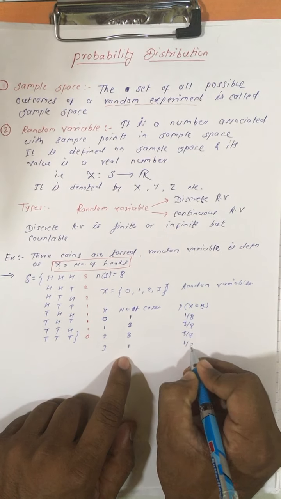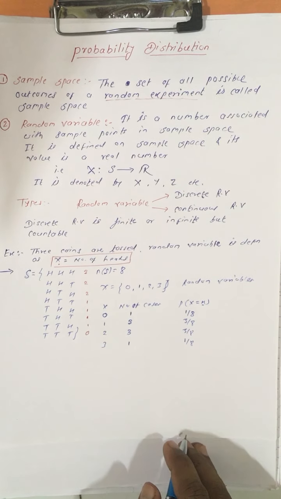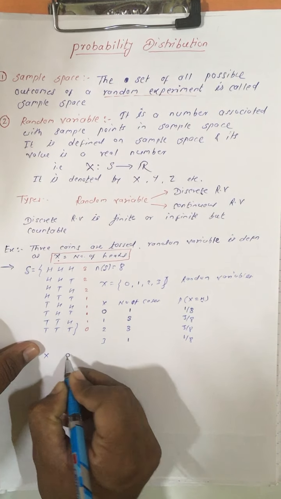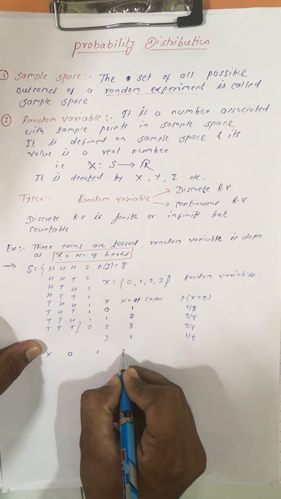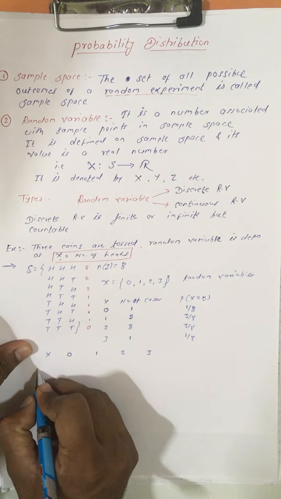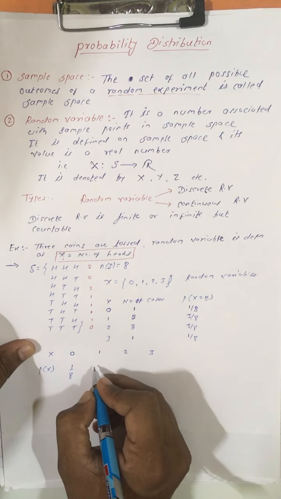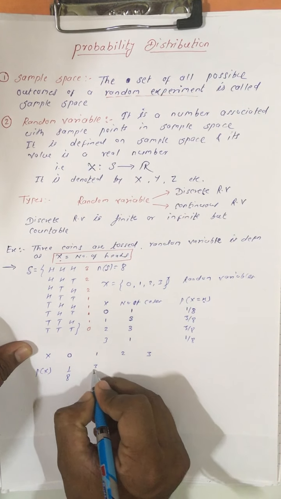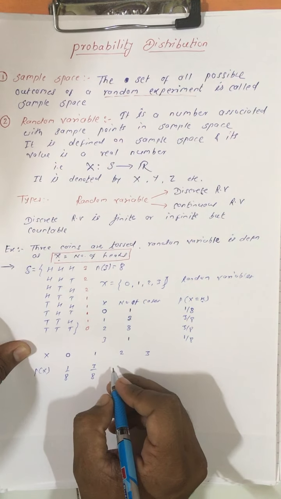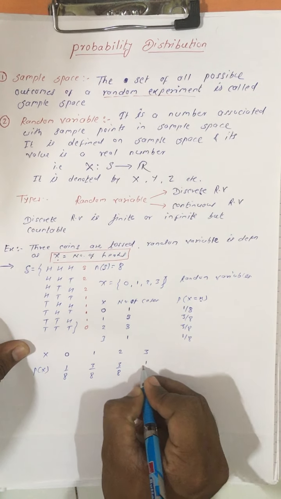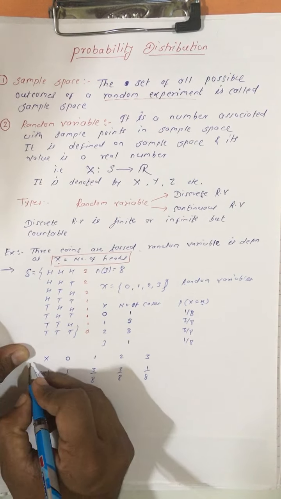Here the probability is 1 by 8. Now, we write it in tabulated form: 0, 1, 2, 3 and their probabilities. Probability of 0 is 1 by 8, of 1 is 3 by 8, of 2 is 3 by 8, and of 3 is 1 by 8.